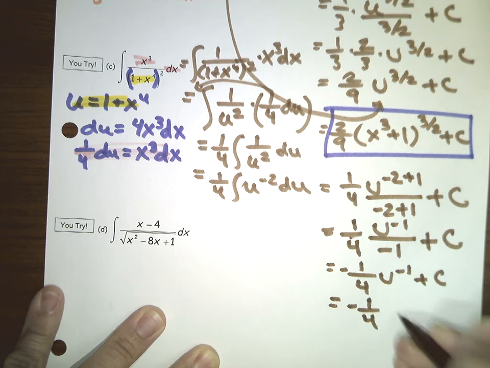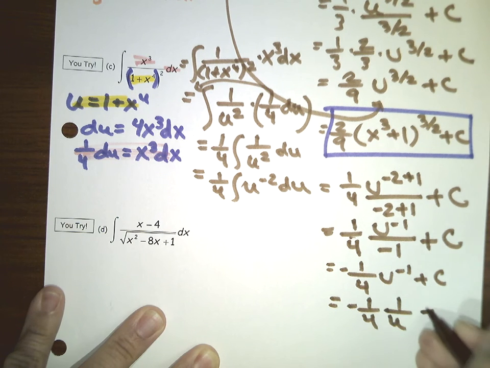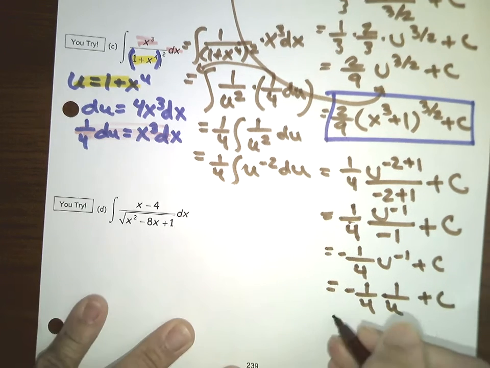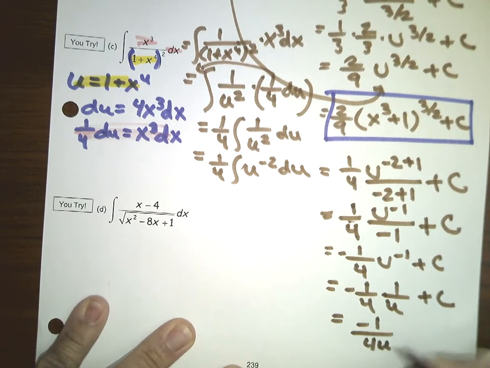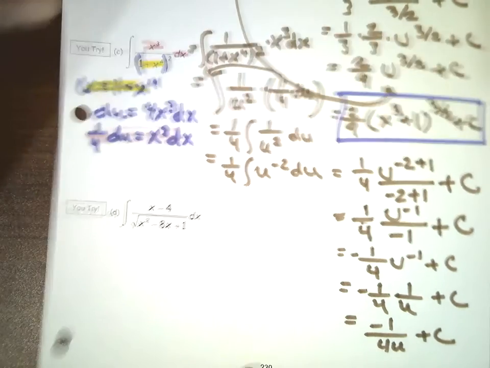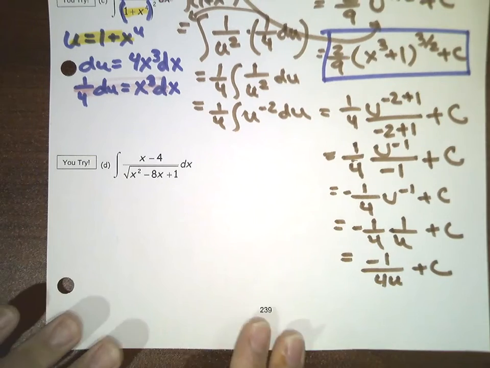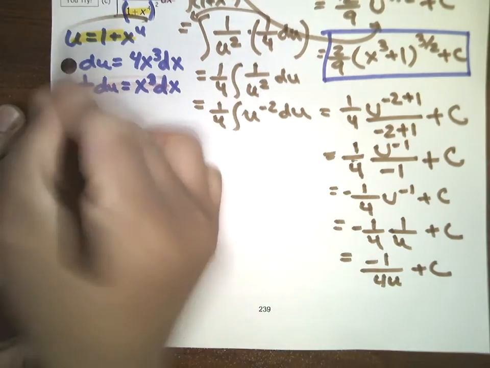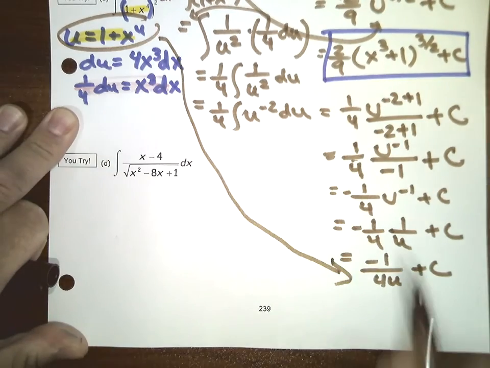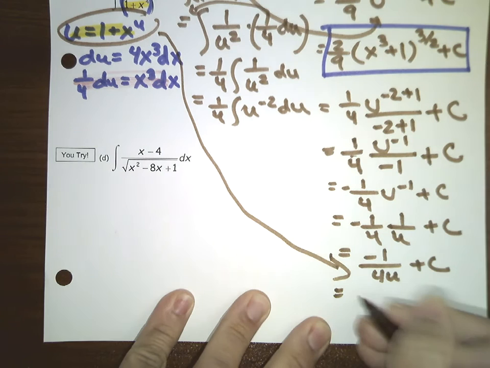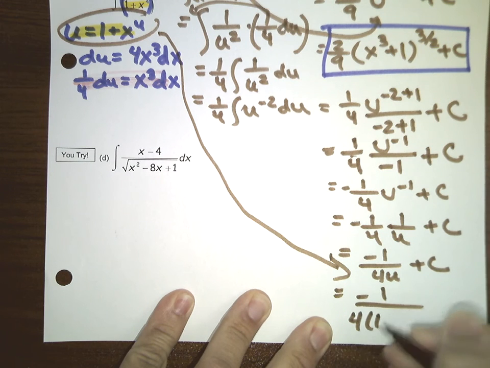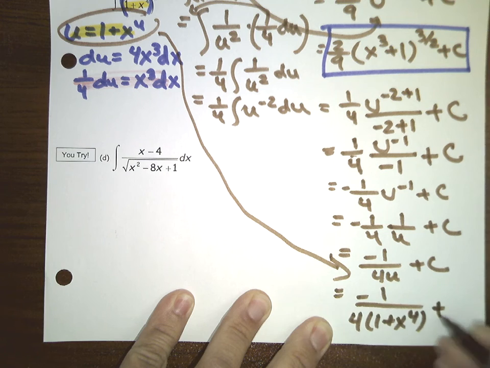But u to the negative 1 is 1 over u, so I can rewrite this as negative 1 over 4u plus c. And finally, I could wrap it all up by substituting the u back in. So I have negative 1 over 4 times 1 plus x to the 4th, plus c.